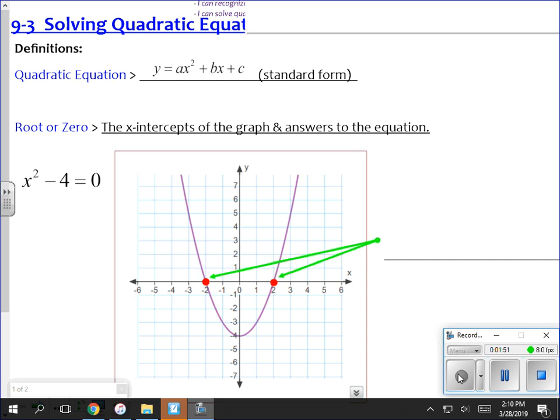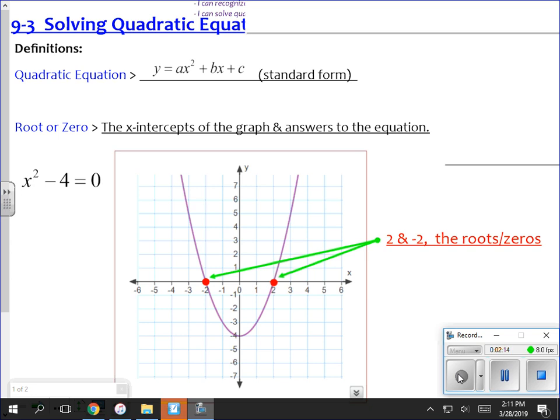That is graphed right here. That parabola is this one here. If I replace the 0 with y, that's the parabola I get. If I solve this for x, my roots are -2 and 2. That's what makes it 0. That's where it crosses the x-axis, -2 and 2.